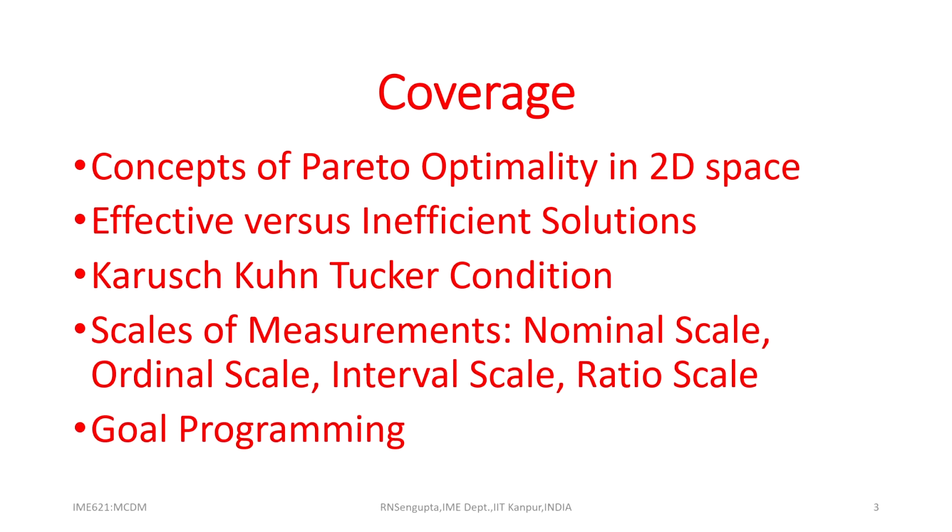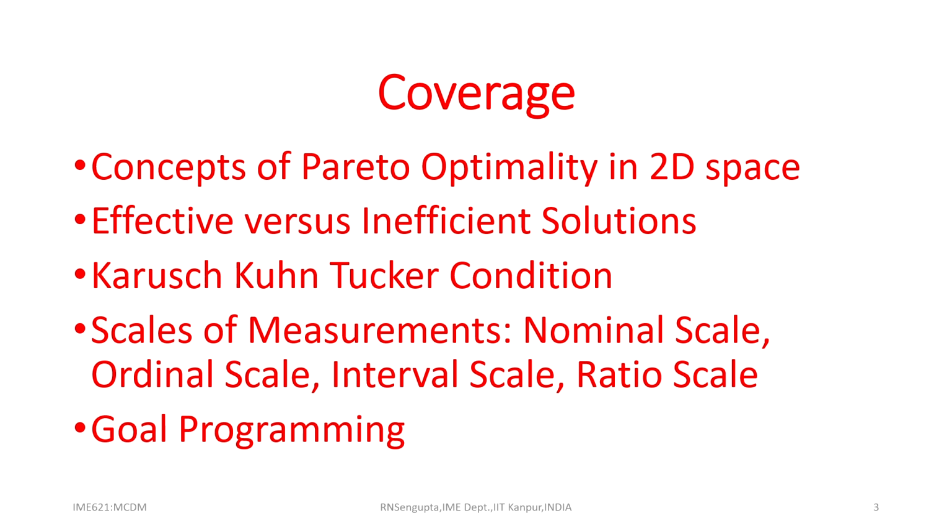The coverage for this 26th lecture would start off with concepts of Pareto optimality in 2D space, and we will continue discussing more problems. Effective versus inefficient solutions, we will also touch upon the Karush-Kuhn-Tucker conditions, only the statements. If possible, we will do some problems later on.